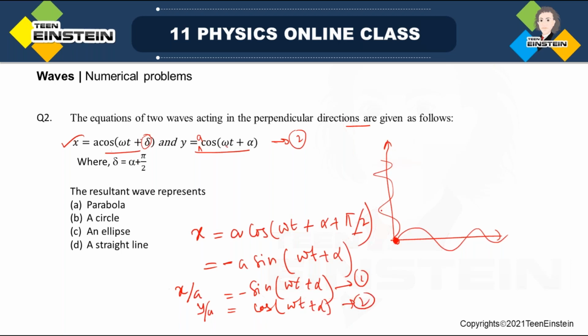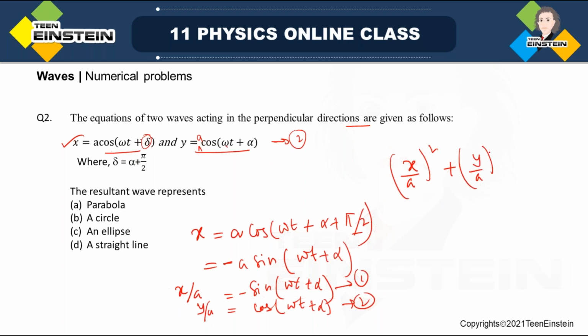Now what we can do, we have to just square the left hand sides and right hand sides of both equations. If we take the square of it, and similarly take the square of the other one also, and then add them, then what we get here is sine square of omega t plus alpha plus cos square of omega t plus alpha.